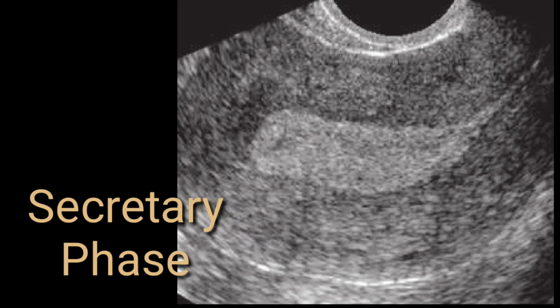As far as this image is concerned, you can see that the endometrium is thick and echogenic, and this is probably late secretory phase. So you can confidently mention that this is late secretory phase, and if it is more than that, then this would be pathological.